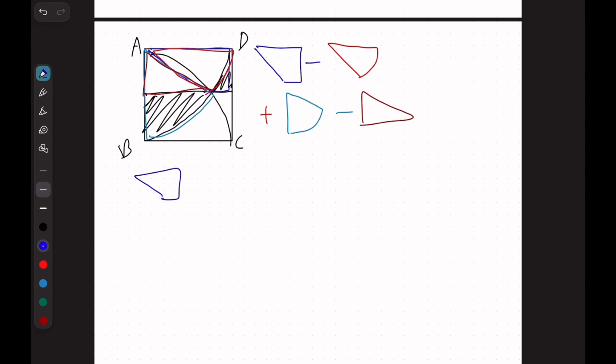However, this blue part minus this red part is equal to this purple part.